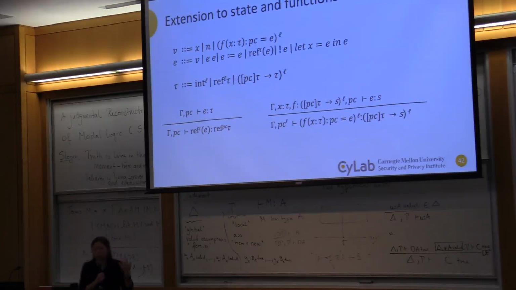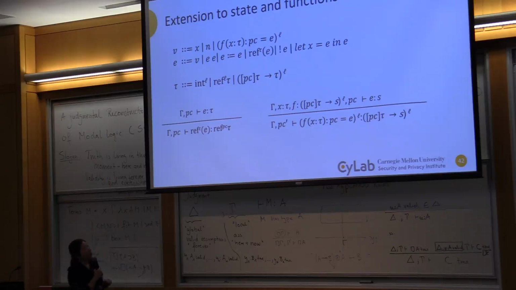So I have all the data, and I don't have to figure out what they are. Beyond that, this is a pretty typical rule. I'm going to type check the function body, and inside it the argument x will have type tau as specified. This f will have this type. We're just going to drop this entire type in here so we can type check recursive functions.